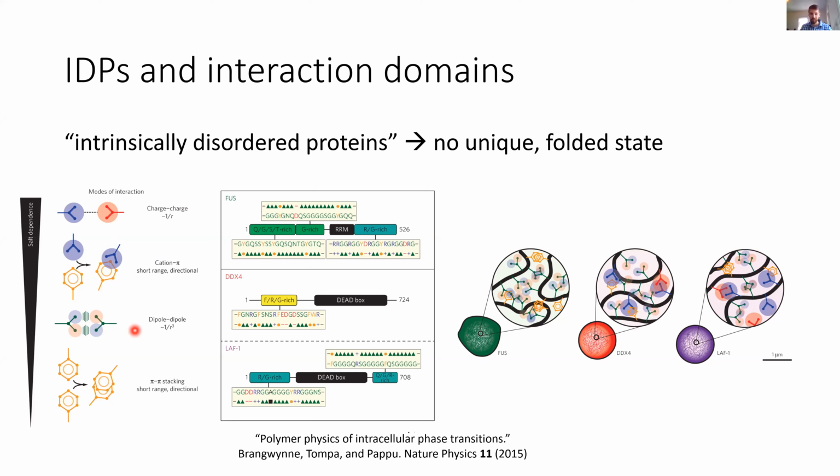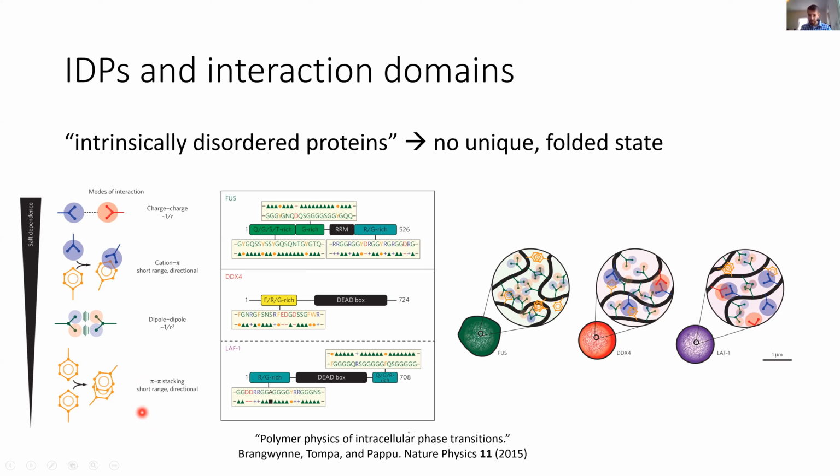But proteins actually are made of a bunch of different amino acids, which are all interacting with each other in complicated ways. So you have this whole hierarchy of interactions, from relatively long range electrostatic interactions between charged residues, all the way down to very short range pi-pi stacking, which can only happen between specific aromatic amino acids.